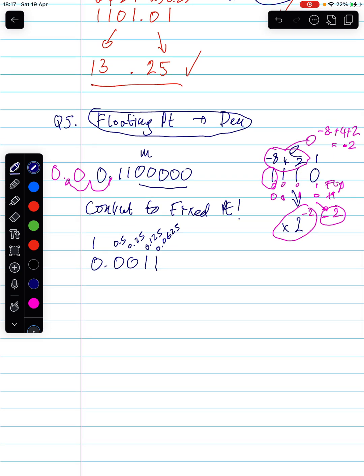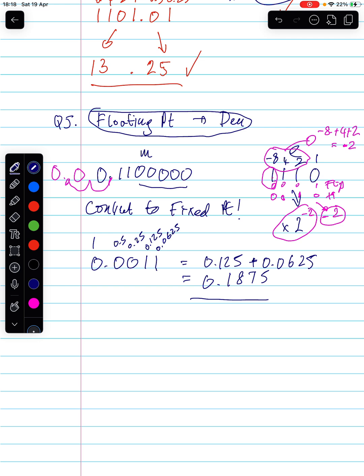Okay, and then that is going to be just 0.125 plus 0.0625, which you do as column addition, which would be 0.1875.